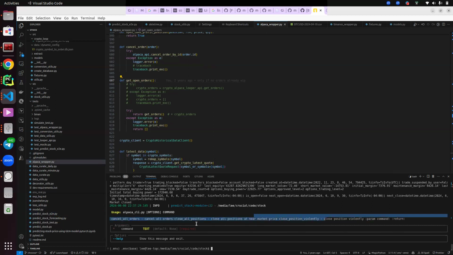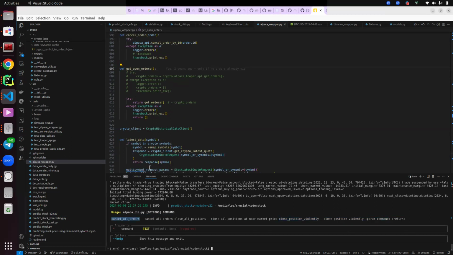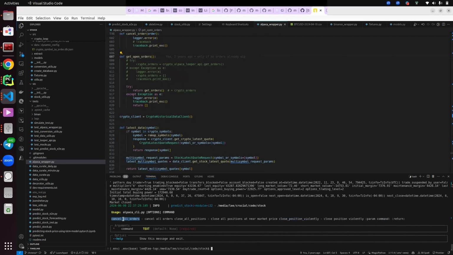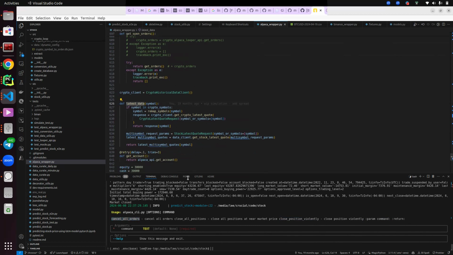Two things that I can do: it's never good to close your positions violently at the actual market price, because of these issues of spread. So try to use this one only to meet the market, to sell at the actual best current sell offer, not to actually meet the buyer, because there could be a big spread difference between the two.